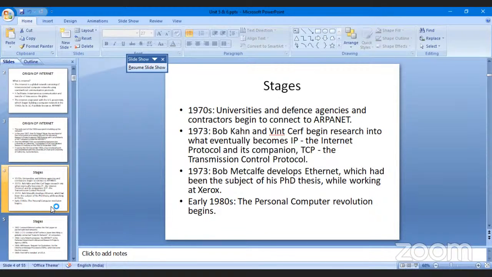In 1973, Bob Metcalfe developed Ethernet, which had been the subject of his PhD thesis while working at Xerox. His PhD thesis was all about developing Ethernet.